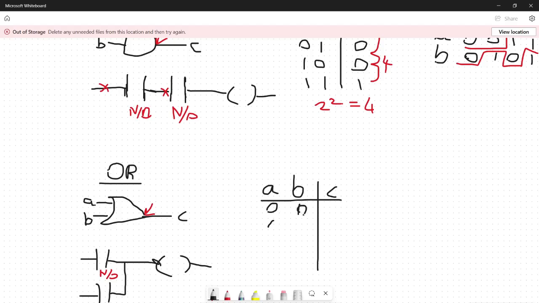Sorry, that's supposed to be a 0. We're going to go like this. Now, when both are 0, there's going to be no power going through there, so we're just going to get a 0. But now, when power goes through B, well then, there must be a 1 because current can flow to the output. And here also.